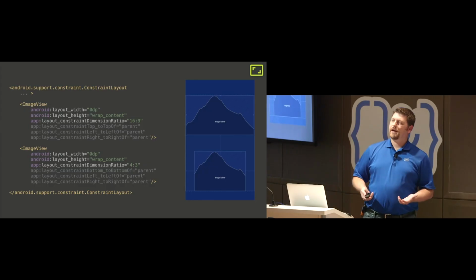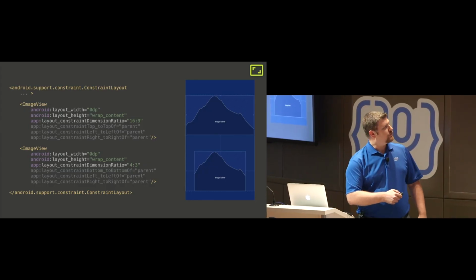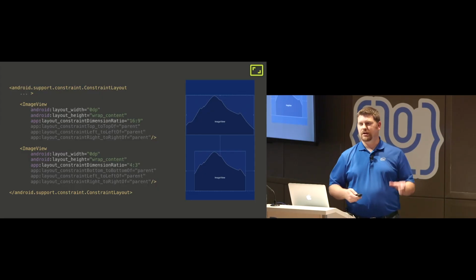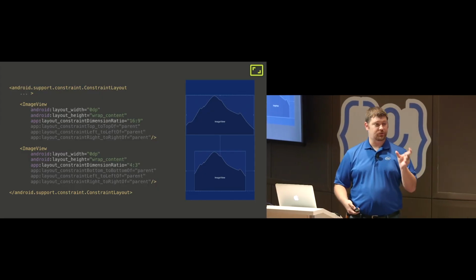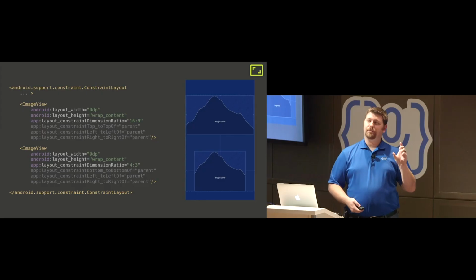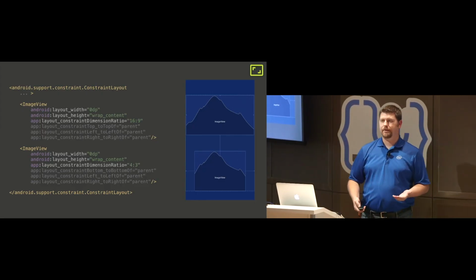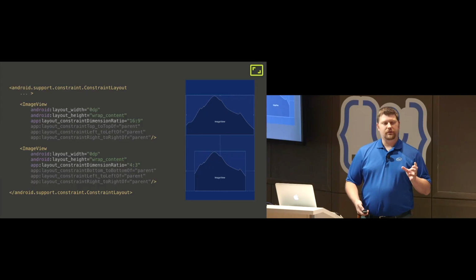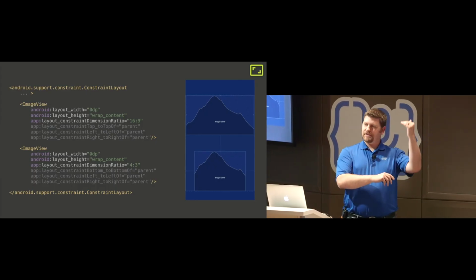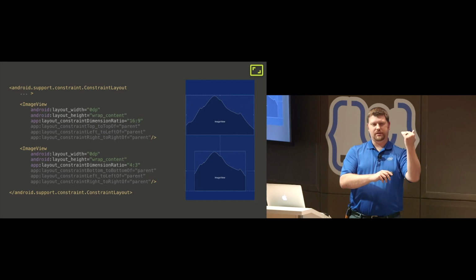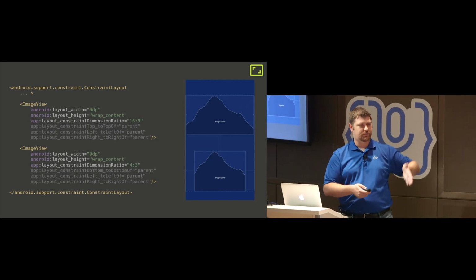So you can define a particular view, and in order for this to work, the view has to have a fixed dimension or a fixed size in one dimension, so either wrap content or an actual size, and then be flexible in the other dimension, so effectively having 0 dp or match constraint. That allows the constraint layout to take that view and adjust that other dimension, the flexible one, to be exactly the appropriate ratio to opposite the side that you defined.